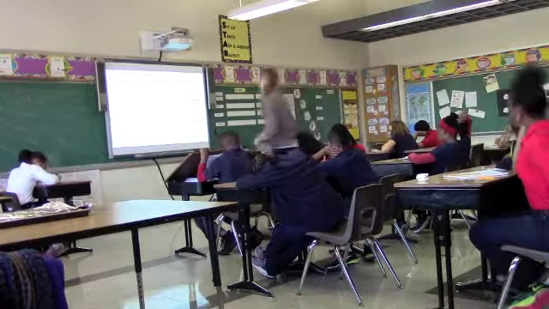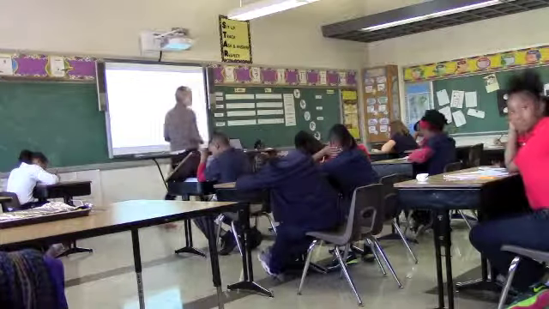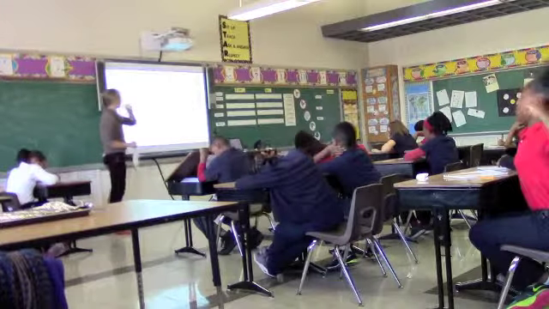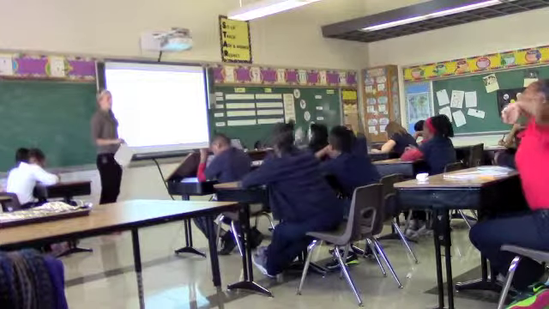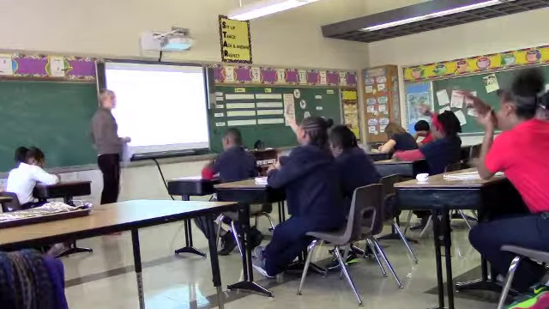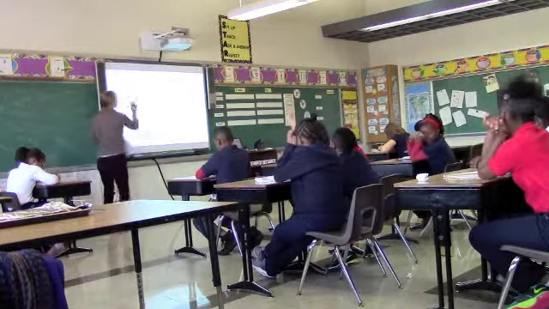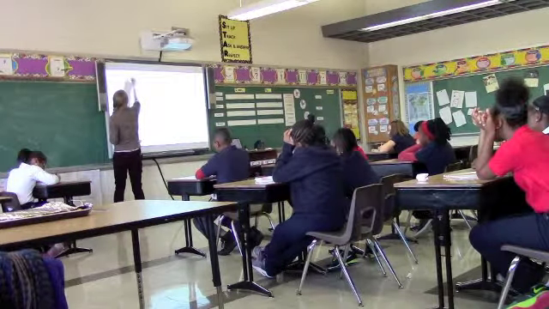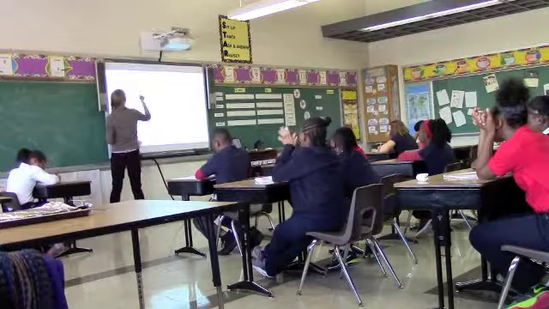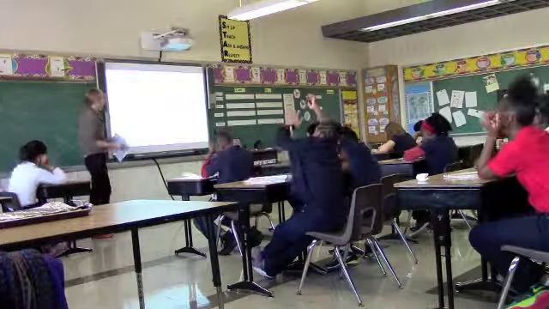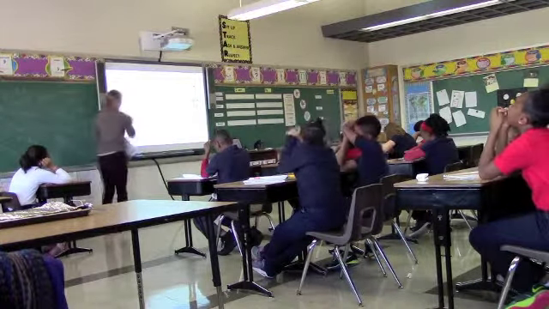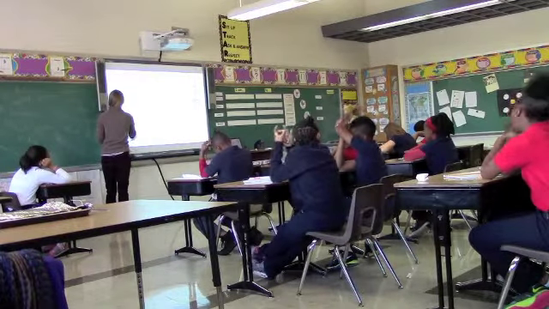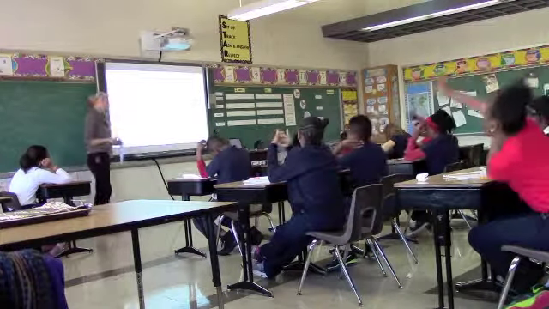Okay. The first step is to find the GCF, so let's walk through this. What are the factors of 8? Megan? And what are the factors of 12, Felix? Any other factors?